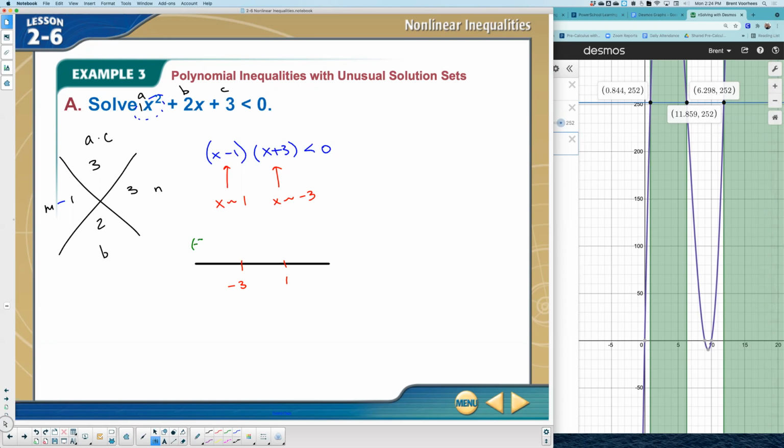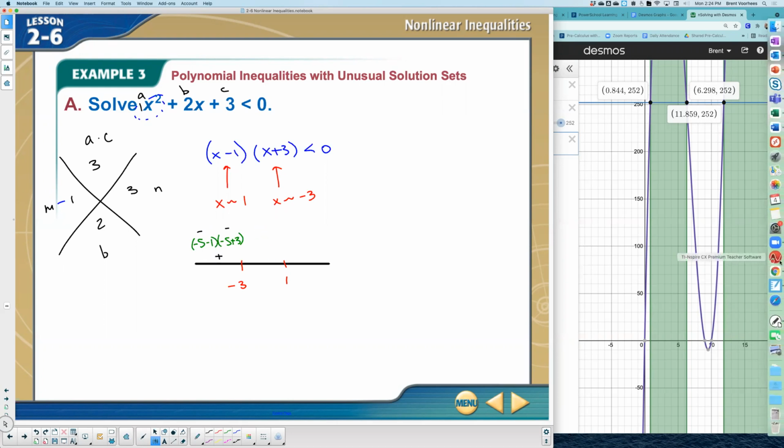All right, negative 5 minus 1 and negative 5 plus 3. What is negative 5 minus 1? Negative 6, negative. Negative 5 plus 3 is negative. Negative times a negative is positive.